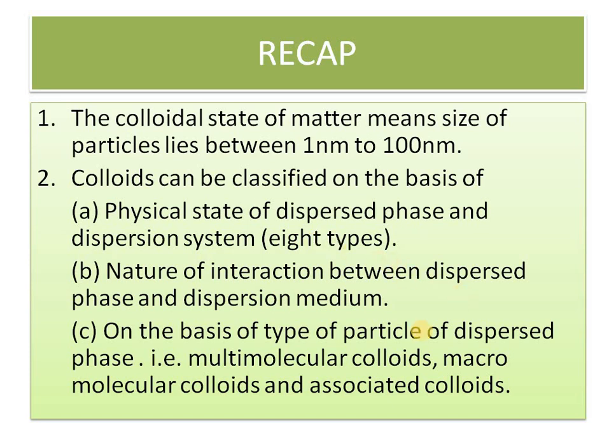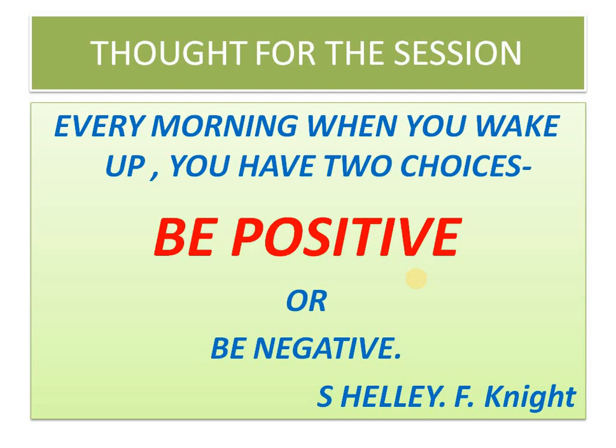Two classifications we can discuss, dispersed phase and dispersion medium, and different properties also we are discussing with examples. And next is lyophilic, lyophobic, that part. Third is on the basis of type of particles of the dispersed phase, like multimolecular, that is very small size, and macromolecular, that is very large size, like polymers and all that. Associated, this is taking place at particular concentration.